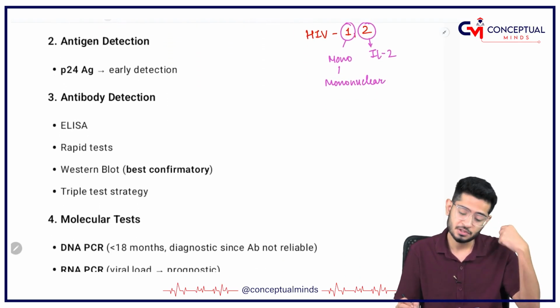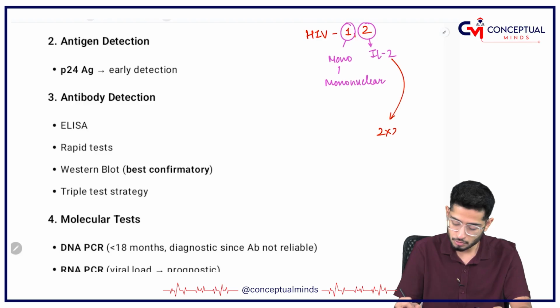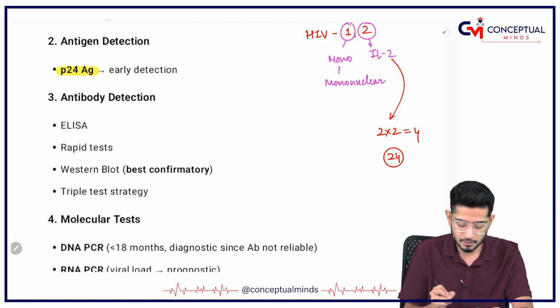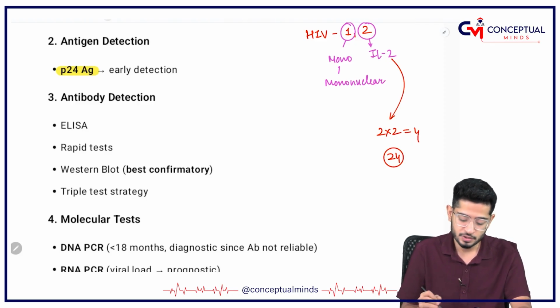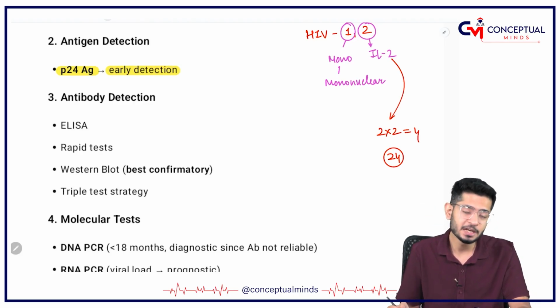Coming on to antigen detection, okay. So you reached till interleukin 2, now you will double this, 2 into 2 is equal to 4. So 24 is the new number you are supposed to remember. That means P24 is the antigen which is required for the early detection, okay. So P24 is the antigen which is required for its early detection.